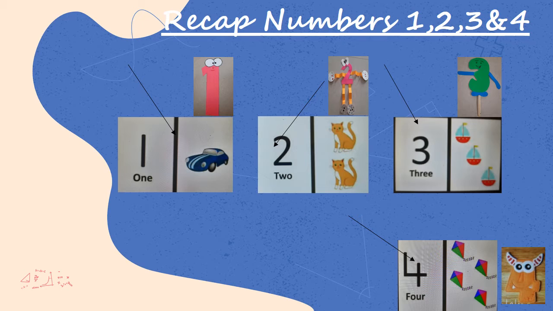Right? We have 3 ships. And who is the friend of number 3? The number puppet's name is Mr. 3.